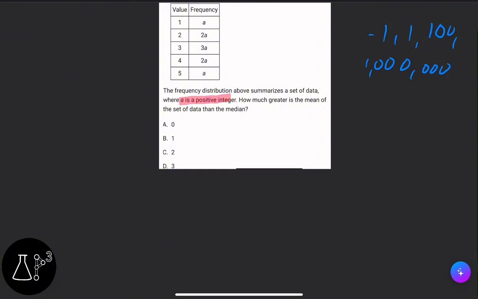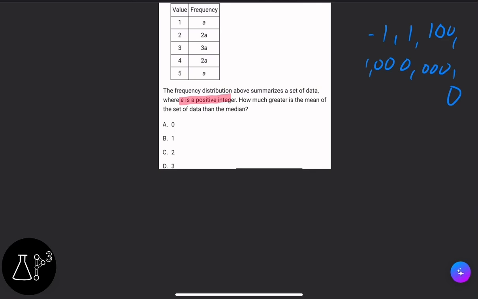I believe it could be 0. Let me fact check that really quickly. And it could be 0 too. Just want to make sure I'm giving you guys the right information.